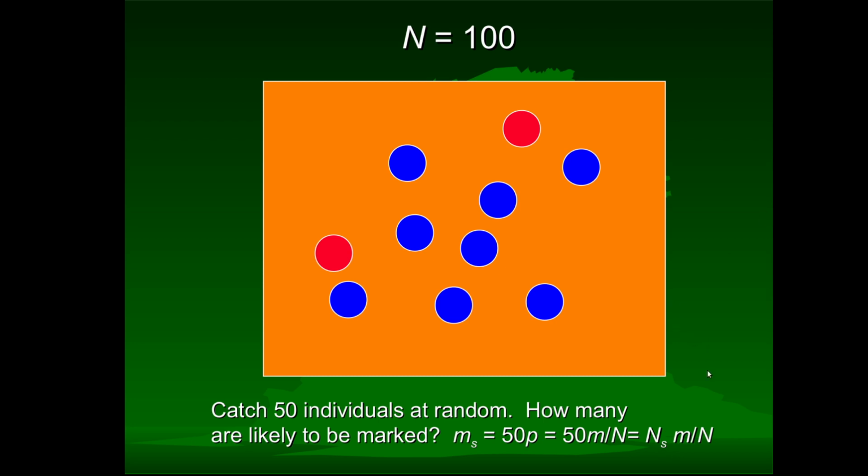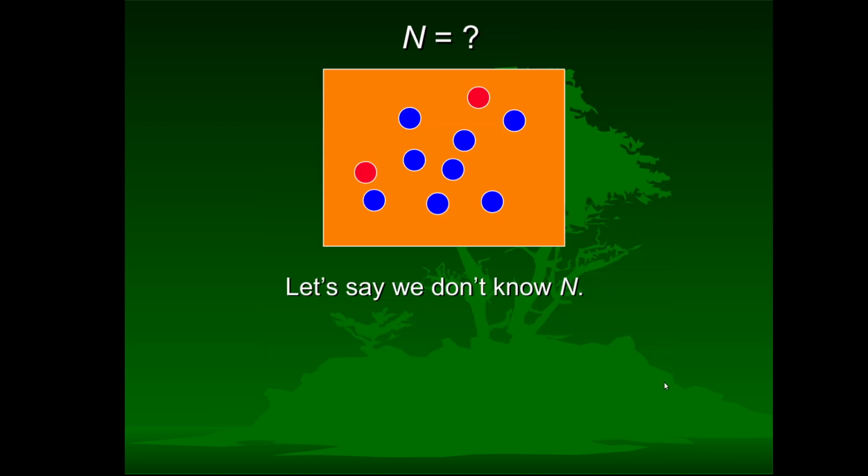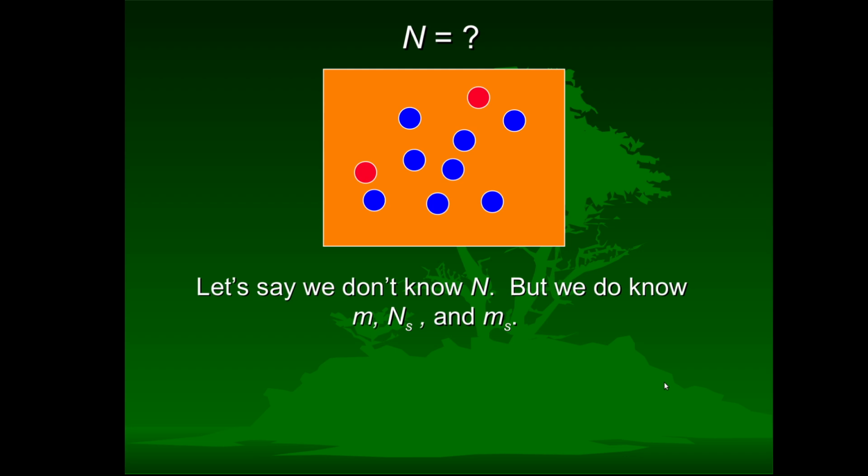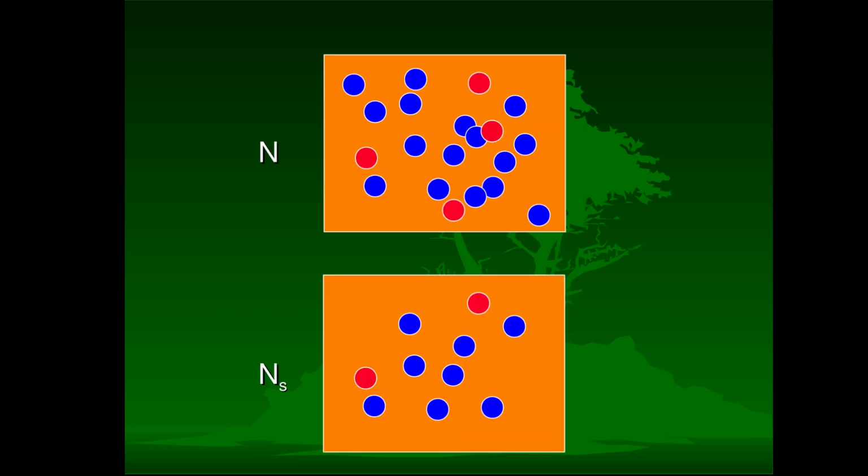So now we just solve for N, what we want to know, using a little algebra. We solve for N to get our estimate of the total absolute number of individuals in the population inhabiting the area that we randomly sampled.